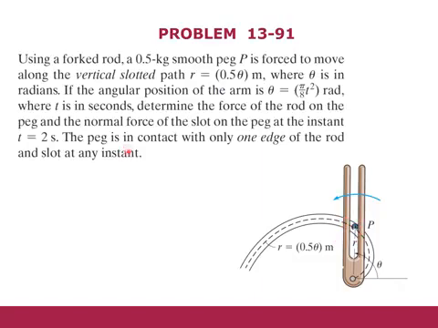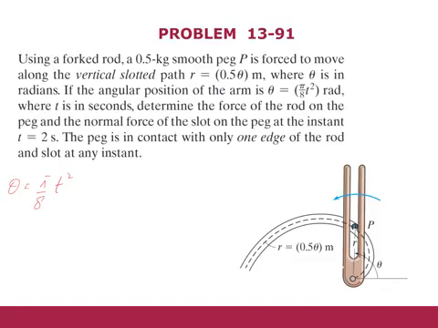Now again, it is given that we have theta equal to pi by 8 t square, and we want to see what the position of this peg is in the transverse direction when t is 2 seconds.